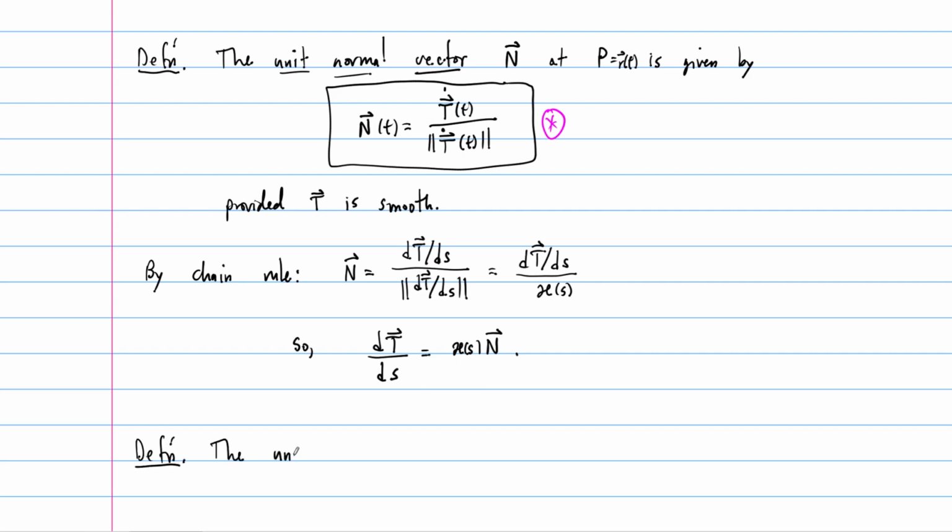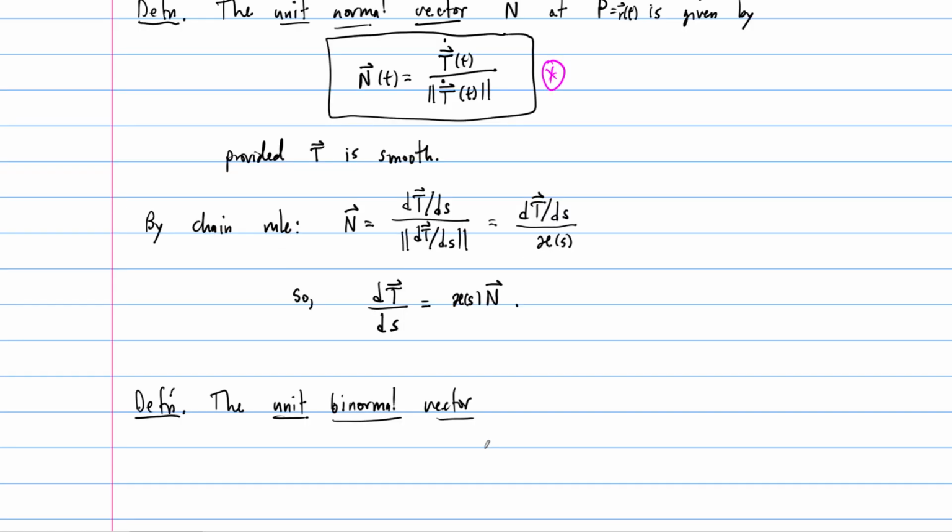So the unit binormal vector field. Again, we don't have to call it a field, but we'll know later in the semester what that word field means. The unit vector B at the same point, P equals R of t, so with respect to t, is given by, we remember how we built this.